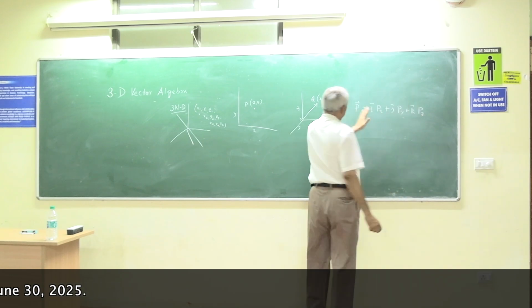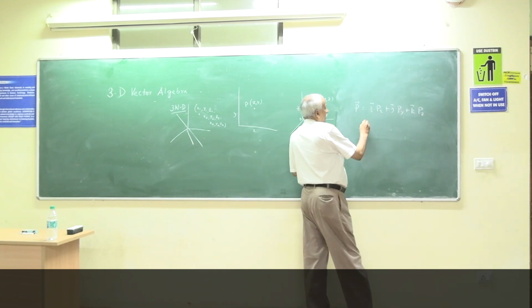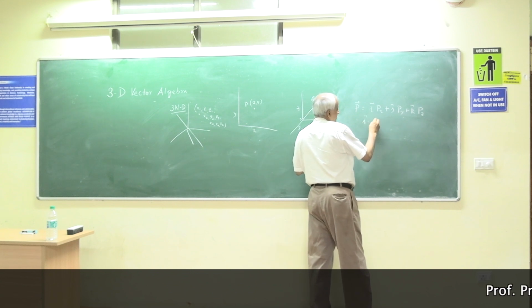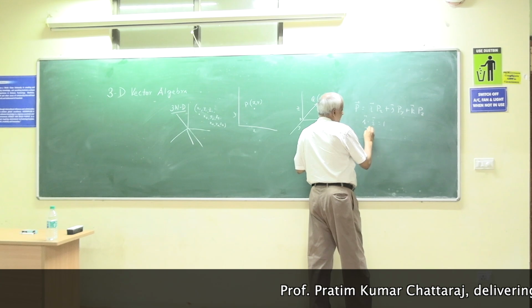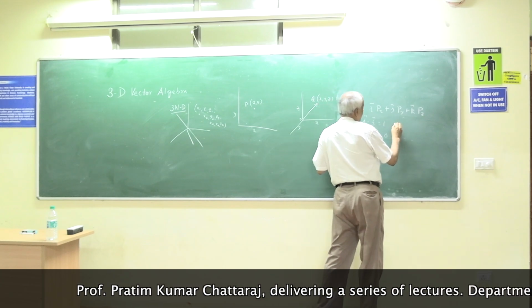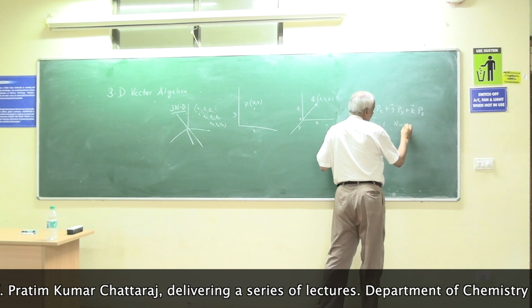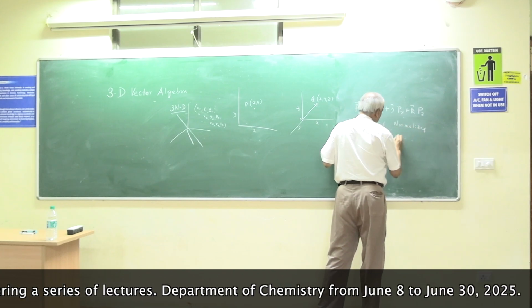Apart from this closure, there is another property. i dot i is 1, j dot j is 1, i dot j is 0, and so on. This means the vectors are normalized, and also they are orthogonal.